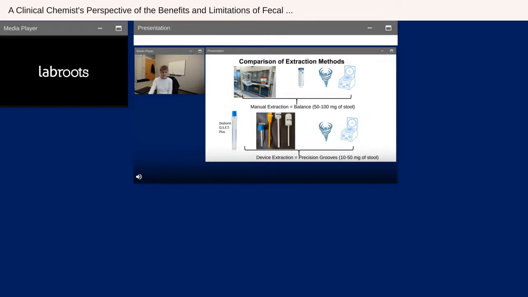You can see I've shown some of the wands of different extraction devices and labeled how many mgs of stool they collect. It is much lower than the manual weighing process. But the good thing about these devices is that you poke it into a homogenized stool sample, stick it into the device, vortex it, and then it's often ready to go right into the assay at that appropriate dilution.